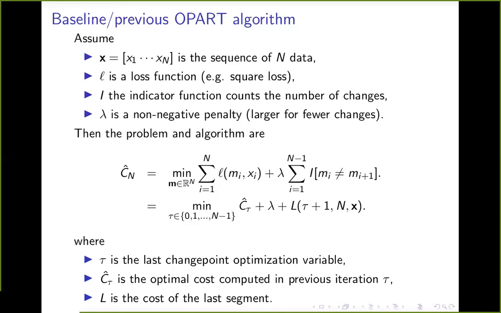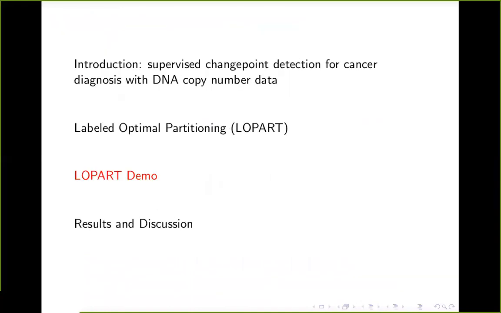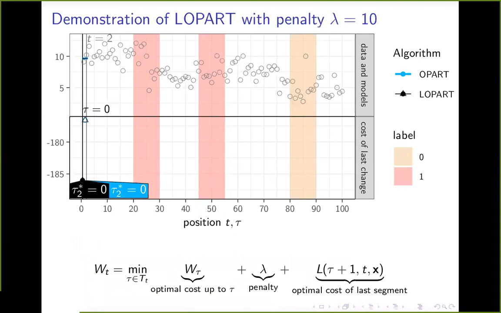But I'm going to explain what the algorithm does in pictures now too. Here I'm showing you the same kind of data set. These data plotted in this top panel are the same data set that we were looking at before with these two labeled positive changes. So there are two positive labels and one negative label. What I'm going to be plotting in the bottom panel is the cost of the last change.